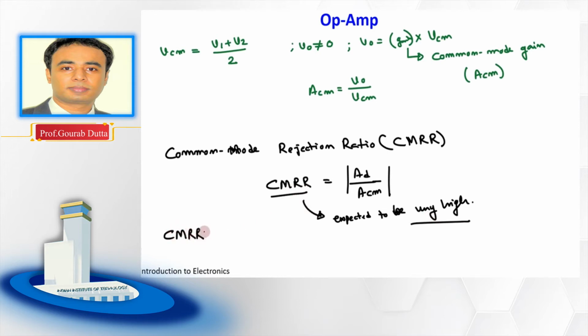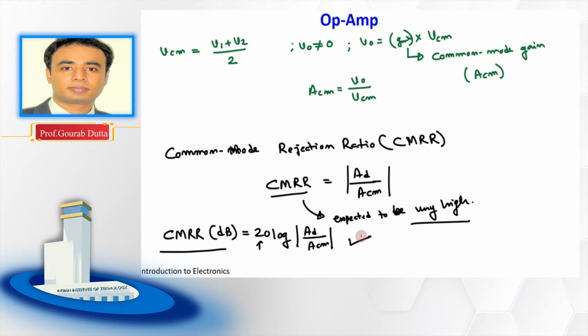So CMRR in dB scale is defined as 20 log of mod of AD by mod of ACM, right? Here the 20 will come because AD and ACM are the voltage gains. So remember that CMRR in dB can be represented in this way.